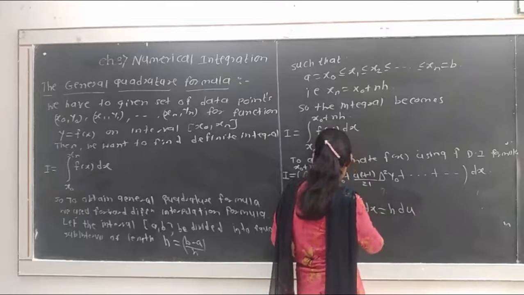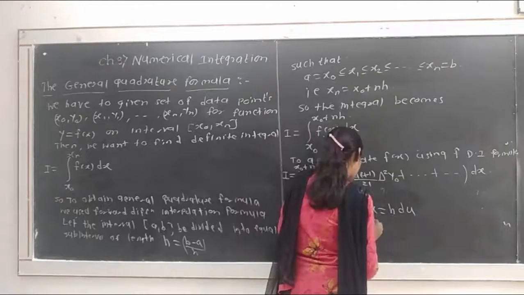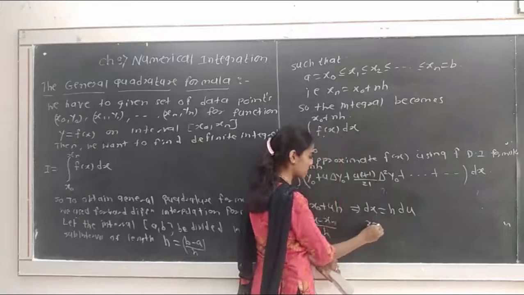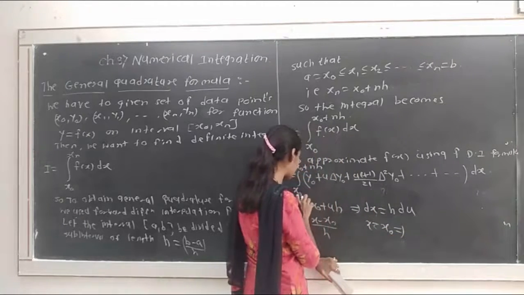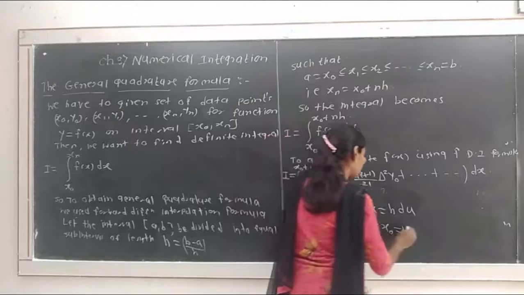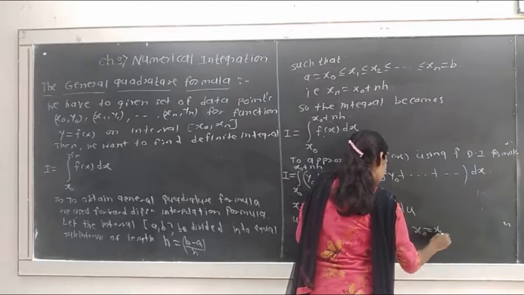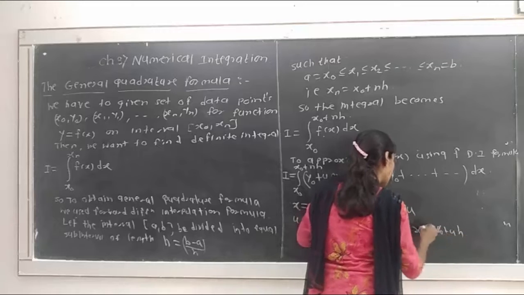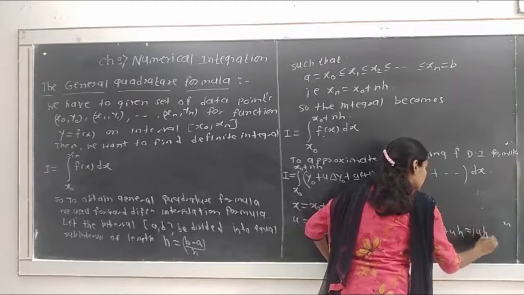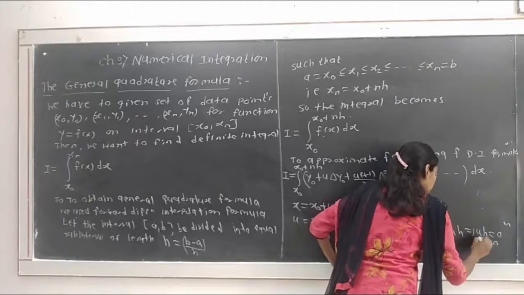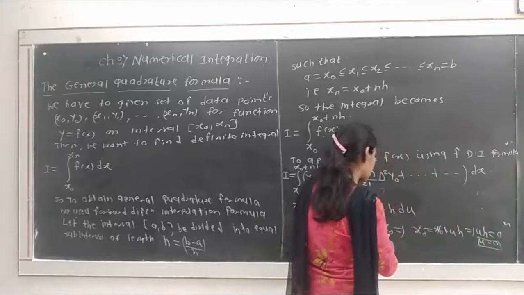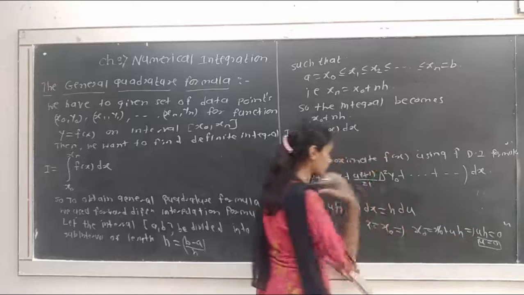Then we change the limits of this integration. For x equal to x0, putting x equal to x0 in x0 plus uh, we get u equal to 0. That is, when x tends to x0, u tends to 0.